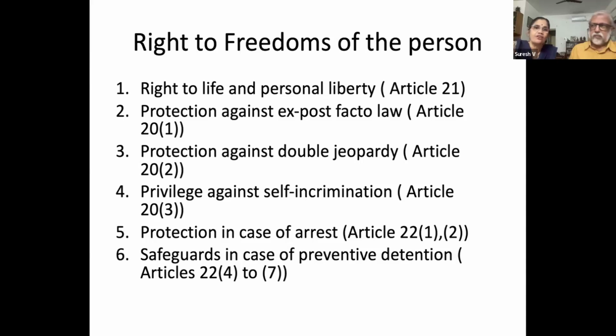That is, the state or the police can, if they have an apprehension that you are likely to commit an offense, then in order to prevent you from committing that offense, detain you in custody.